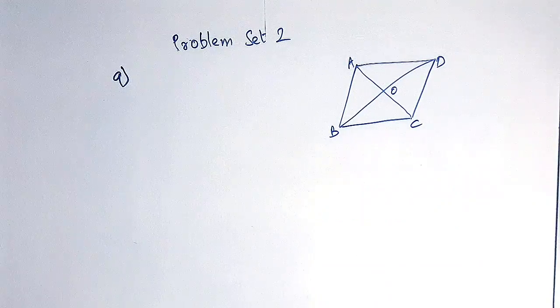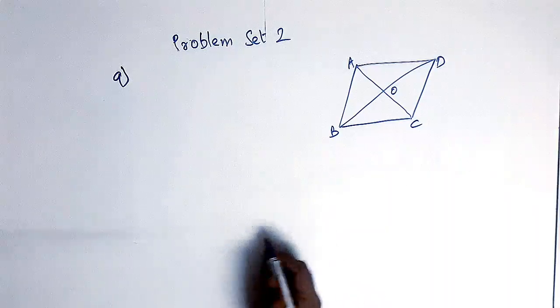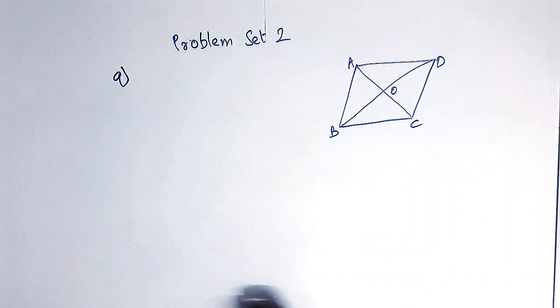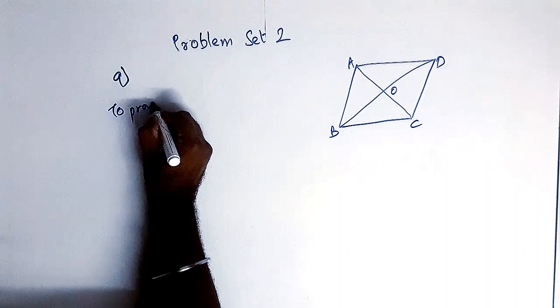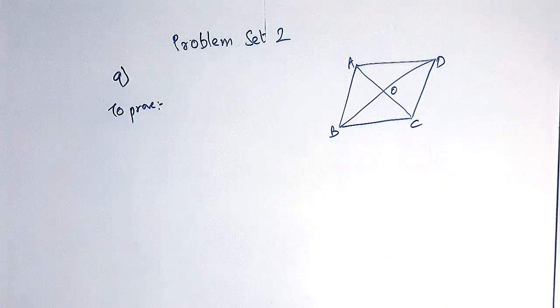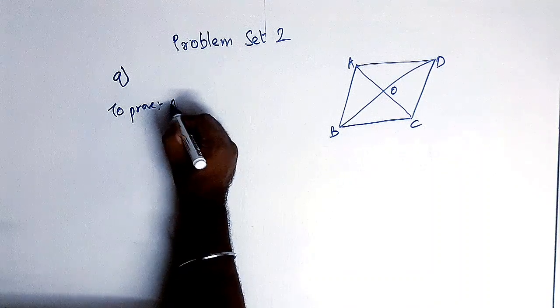Question number 9 says that a parallelogram is given and we have to prove that the sum of the squares of the diagonals is equal to the sum of the squares of its sides. Okay, so what we have to prove?